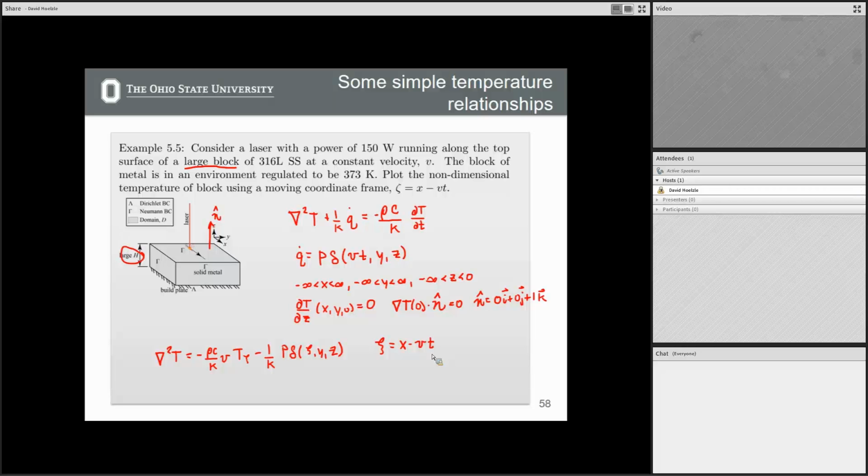As we were doing when we looked at the ideas of non-dimensionalization, we're going to use a non-dimensional temperature here. We're going to say our non-dimensional temperature theta, and we are going to normalize it by the background temperature, T naught.